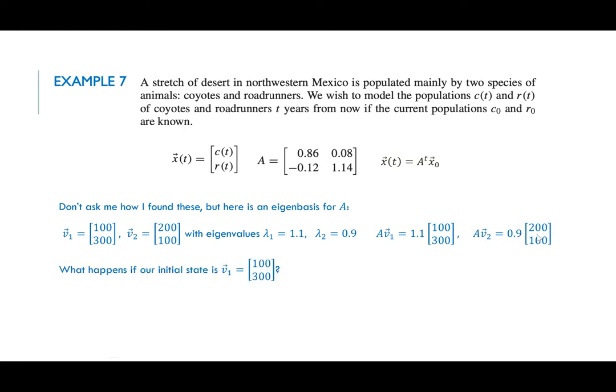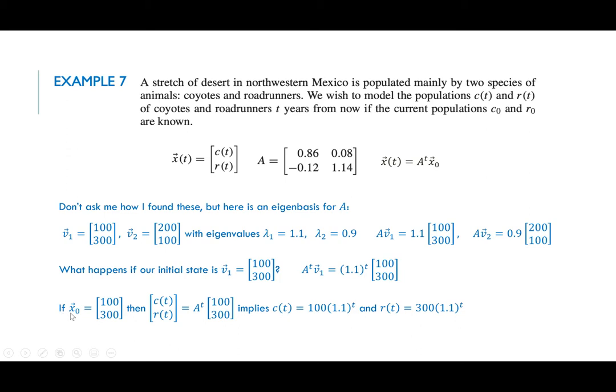Now let's ask what happens in our population model if our initial state, x0, is actually v1. So our initial state is (100, 300). Then A to the t times our initial state, which is v1, is just going to be 1.1 to the t times v1. And in this case, the equation C(t), R(t) equals A to the t times our initial vector implies that C(t) is 100 times 1.1 to the t, and R(t) is 300 times 1.1 to the t.